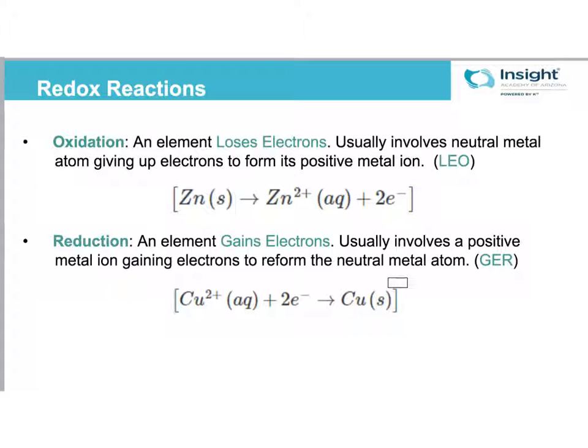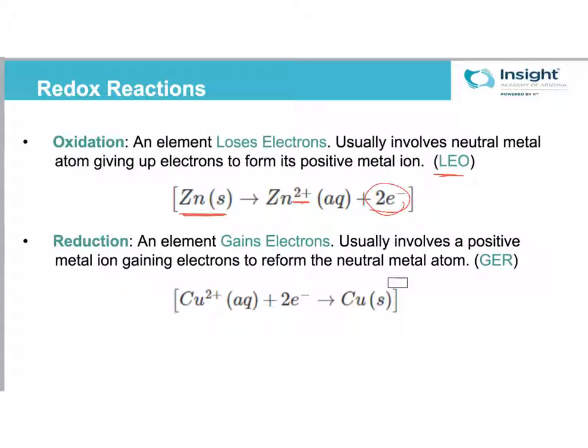All right, because zinc was going from being solid to a positive ion and releasing some electrons. All right, some tricks that I've used in the past when I've had to memorize this sort of stuff for tests and quizzes is the phrase LEO, like Leo the lion. All right, lose electrons, oxidation. All right, so that's one way you can try to remember this.